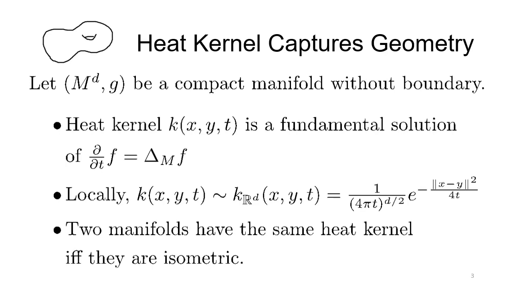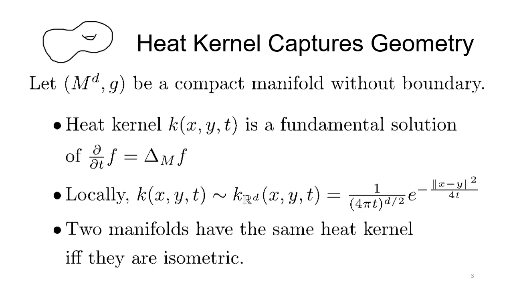So when we say the heat kernel of a heat equation, or the heat kernel of this Laplace-Beltrami operator, we are talking about the fundamental solution of the heat equation. And it satisfies several properties. Let me just list two here. We know that on any surface, locally, it will look like a Euclidean space.